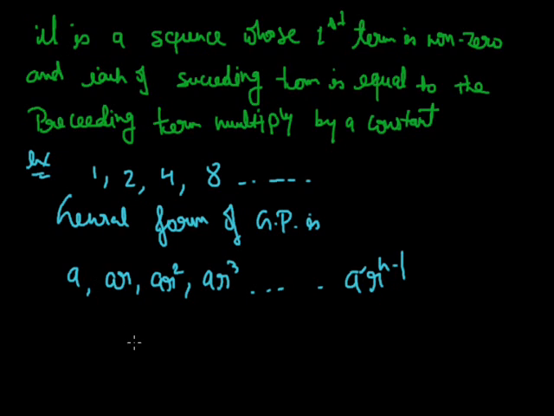The ratio of second and first term is ar upon a equal to r. The ratio of third and second is ar square upon ar equal to r.